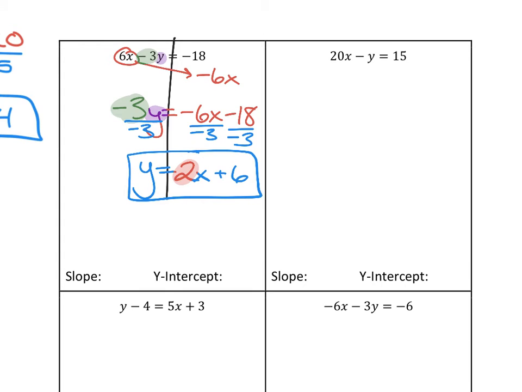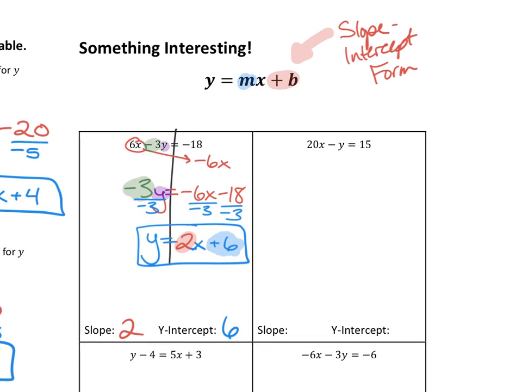So in this problem, my slope is 2. And your y-intercept is going to be the number after the x, the positive or negative number. So in this case, my y-intercept is 6. I've got my slope and my y-intercept.